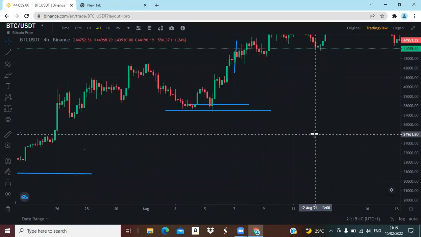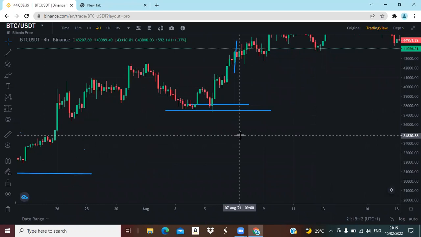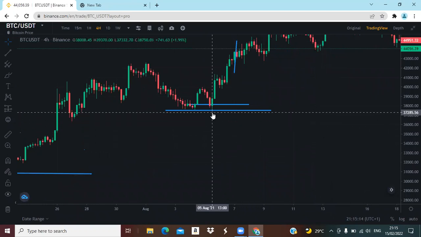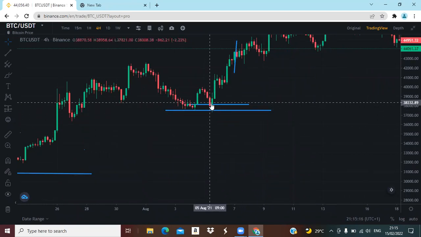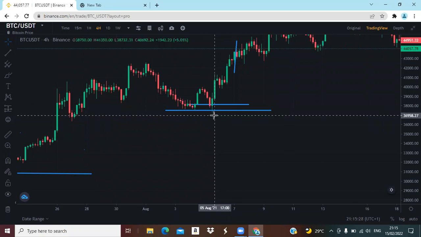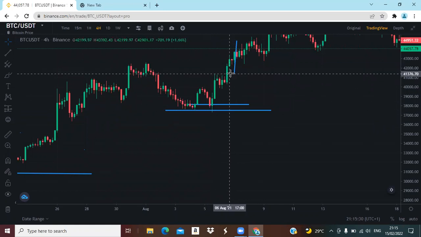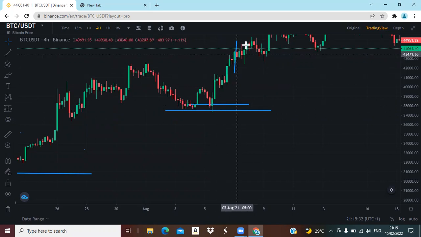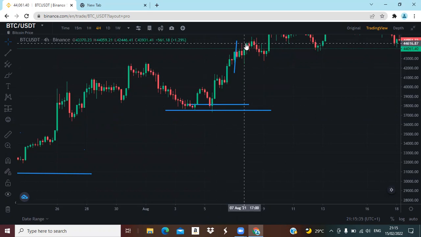So big whales can just place a limit order with the intention of not executing it now. I don't want it to get executed, but the order is there for price to shift a little bit back down, and then they cancel the order and the market starts moving up.